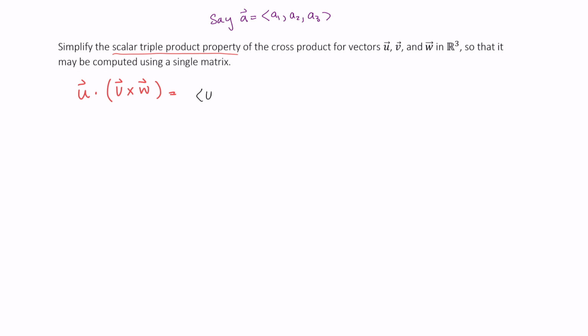So this is u1, comma u2, comma u3, and the dot product with the result of this matrix: i, j, k, v1, v2, v3, w1, w2, w3, which is the cross product of v and w. I'm going to overkill on the notation here.